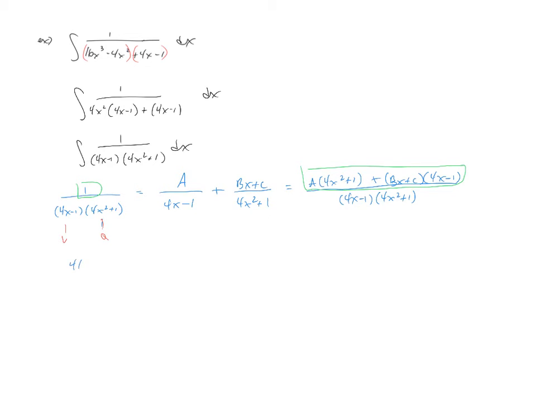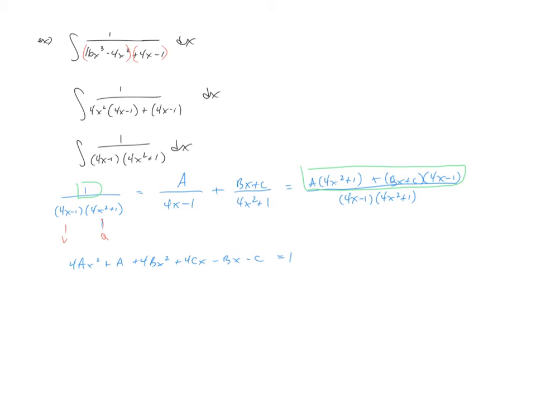We'll have our 4Ax squared plus A, and then for these other two, this is actually going to be a FOIL. So for my first, I'm going to get a 4Bx squared, and then the outer would give us the plus 4Cx. The inner would be a minus Bx, and then the last would be minus C. And this thing here is set equal to 1.